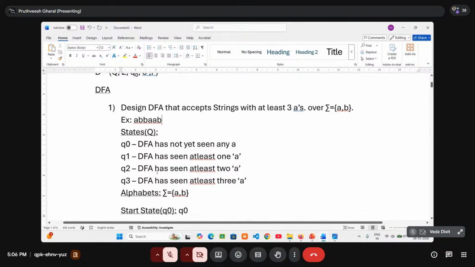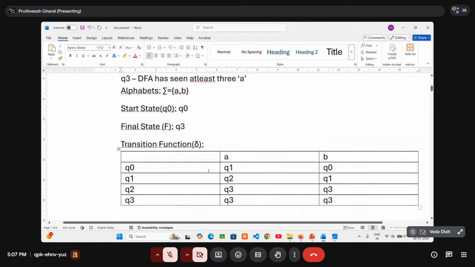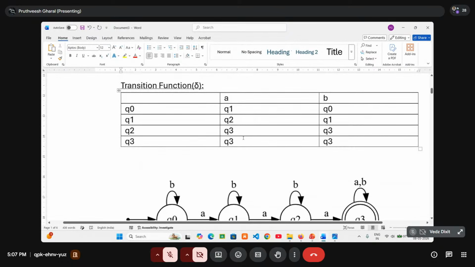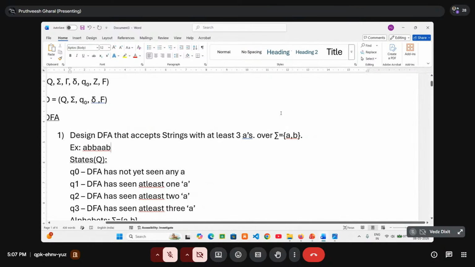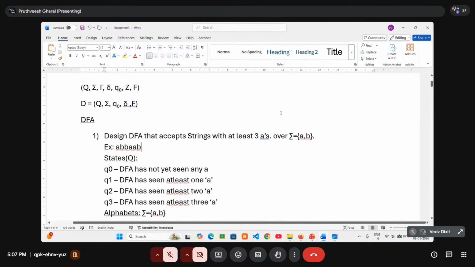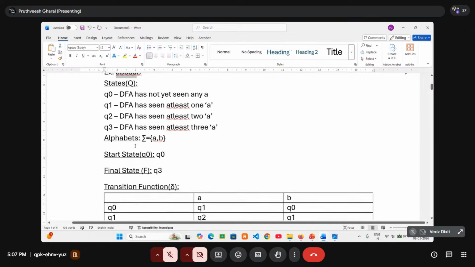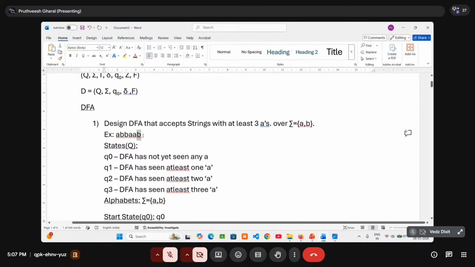So why have we written here that when the DFA receives the next input B, it should stop? The simple thing you have to remember is that a finite automaton, or any machine, has to read each and every input. So it cannot stop whenever it encounters three A's. It has to read each and every input.